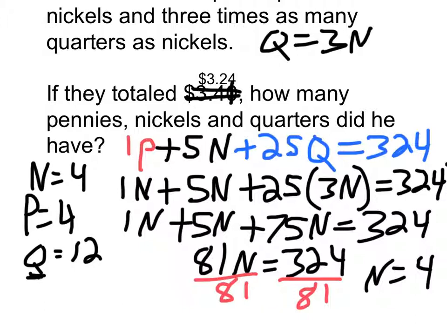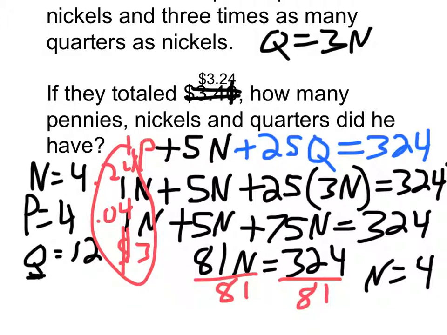Means we have $3 here. Number of pennies, we got 4 pennies, so that's 0.04. Number of nickels, we have 4, so that's 0.24. You add those up, and doesn't that make $3.24? So that means we've done it. That means this is the combination of nickels, pennies, and quarters that makes those facts true.